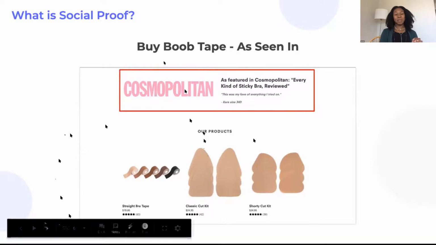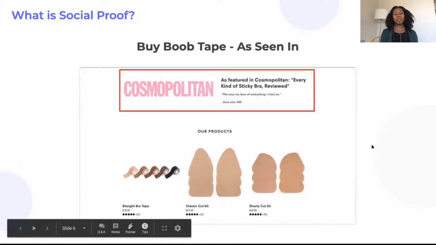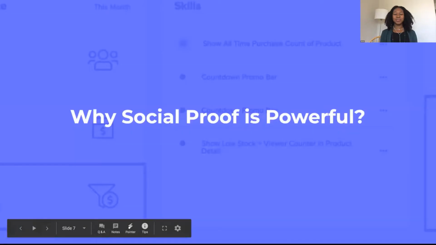That's a really, really powerful form of social proof. So even if you've been featured in a local publication or by a local blogger, this would probably be a good place to have your social proof because it makes you look legit.